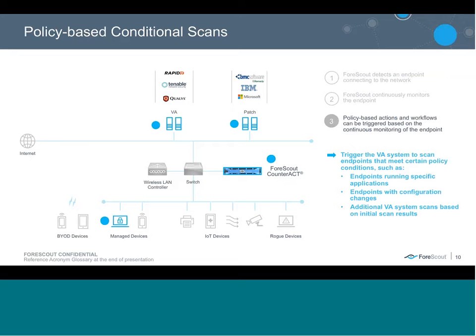So if that endpoint, for instance, is running particular software, or if somebody installs particular software, or there's a change in the configuration, somebody plugs in a USB stick that shouldn't be there, Counteract can ask the VA system to initiate a scan against that device to make sure that it knows the vulnerabilities of that device at that point in time, and it can update that information. So we no longer have outdated information. We can monitor, and when things change, we can rescan and update that information.